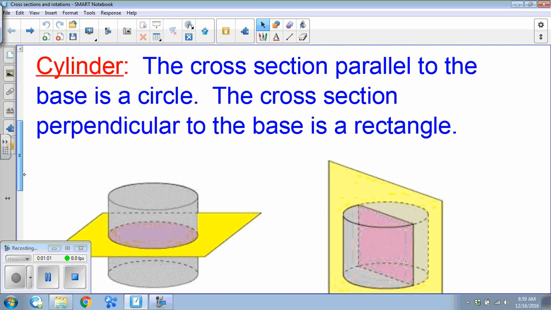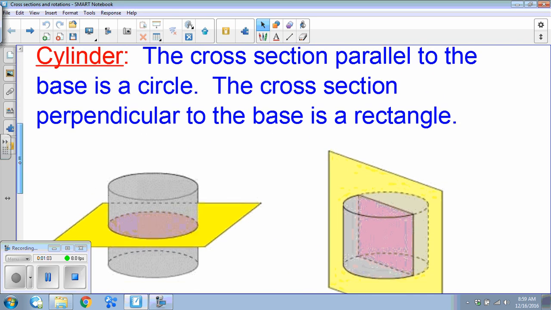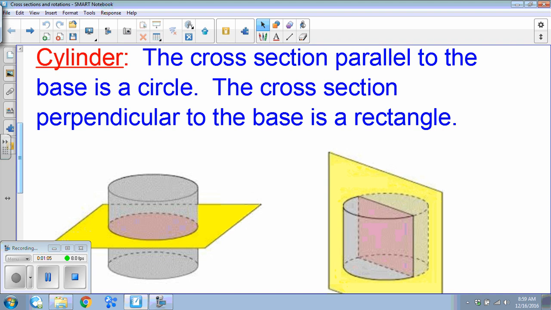Now if we're talking about cylinders, that shape does change if you're parallel to the base or perpendicular to the base. If you have a cylinder and you slice it, I can't say horizontal, because if it's turned on its side, parallel to the base would be up and down, right? So if I slice it parallel to the base, then that cross section is a circle. But if I slice it perpendicular to the base, then that cross section is a rectangle.